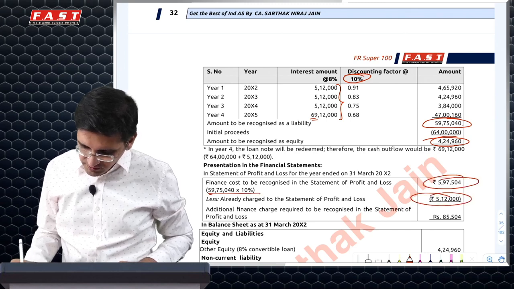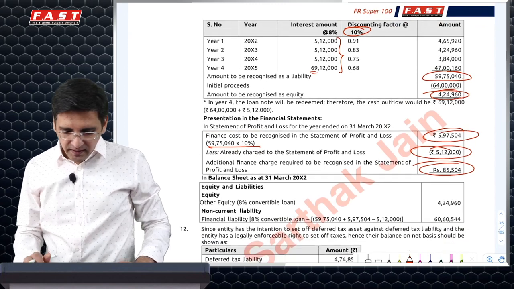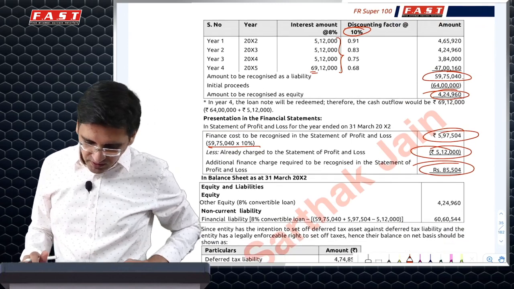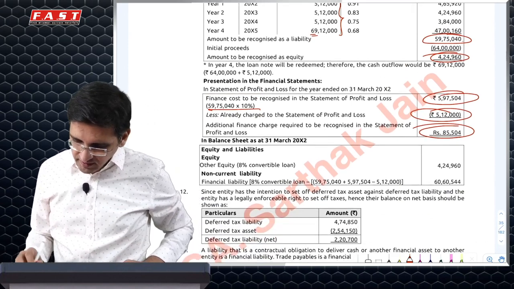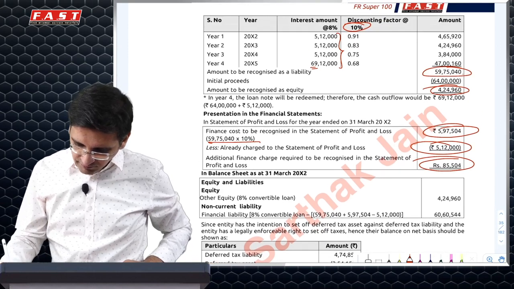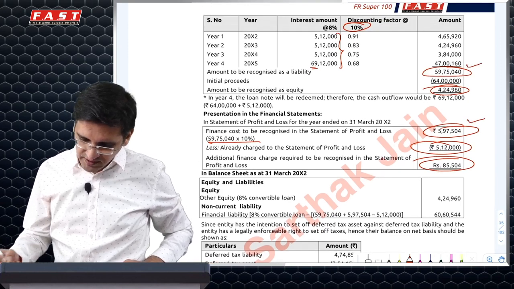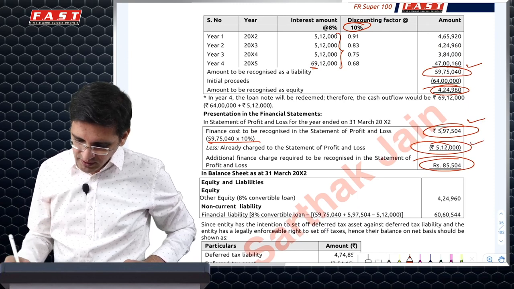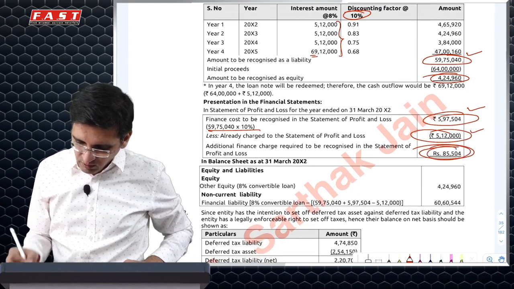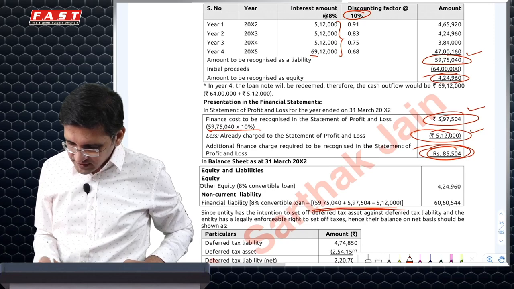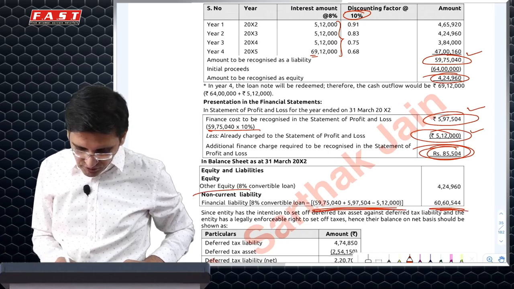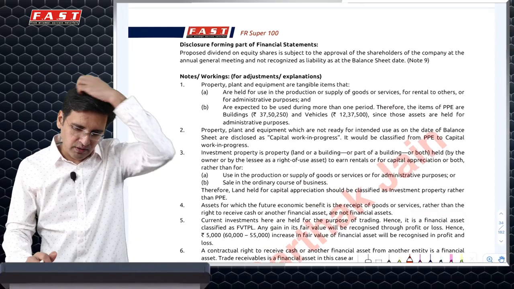You've already booked this, so additionally this will be recognized. And the loan will be shown in the balance sheet at the end of the year at the initial value of 5,975,040 plus 5,975,005 minus 5,12,000 cash outflow. So effectively your loan amount will be increased by 855,404, and they've shown it completely under non-current liabilities.